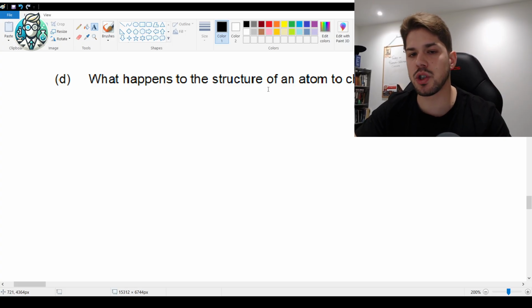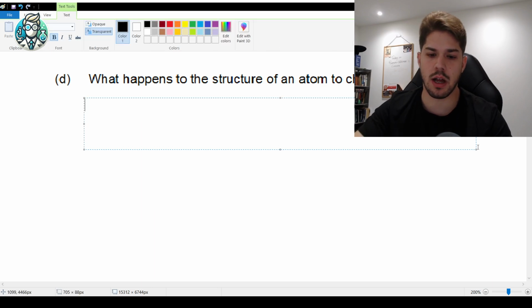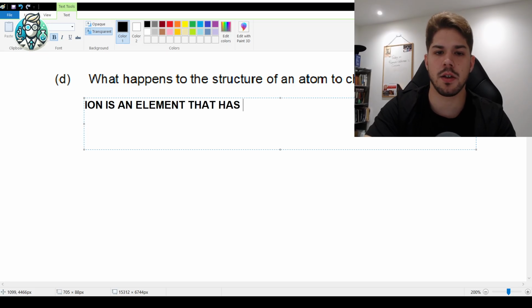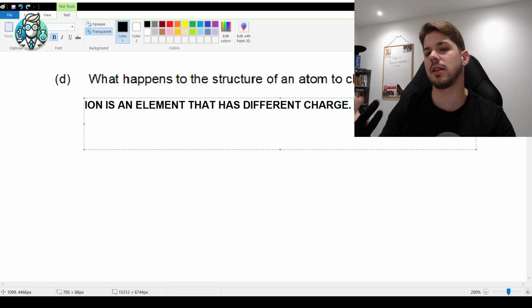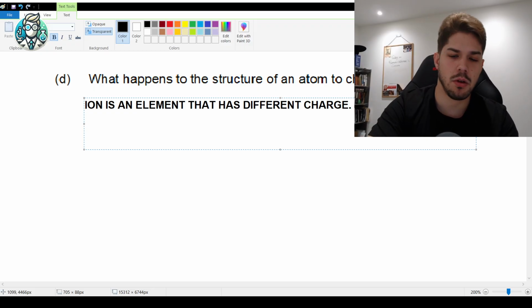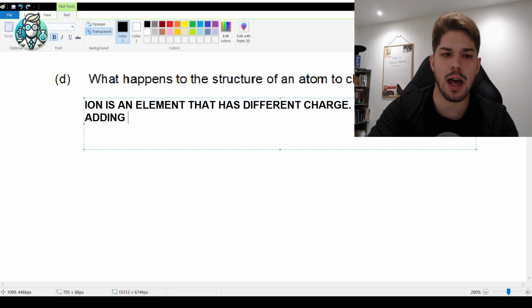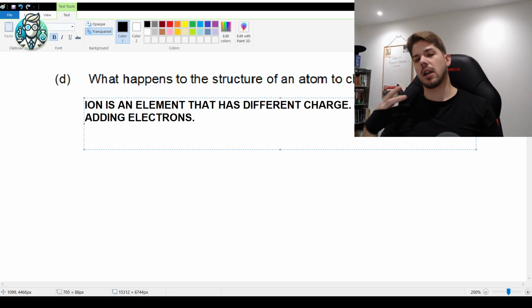What happens to the structure of an atom to change it into an ion? So an ion is an element that has different charge. And how do they have different charge? By removing or adding electrons. That's how we make an ion.